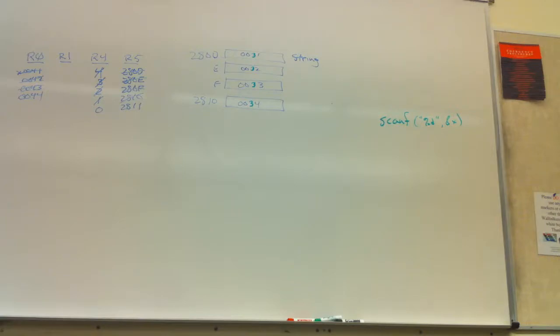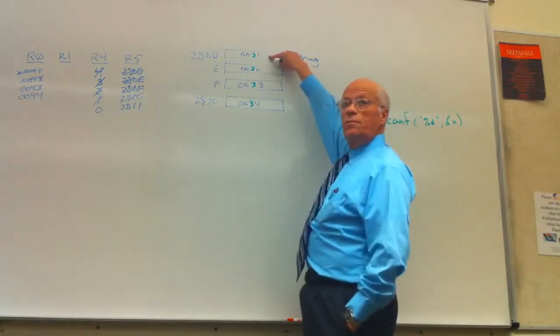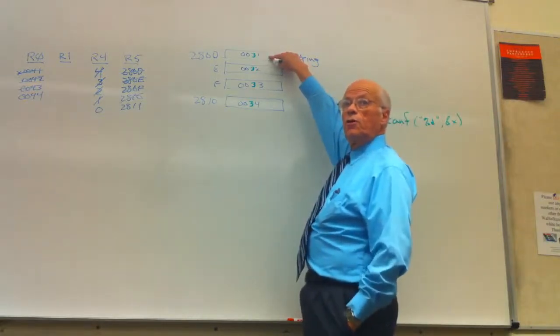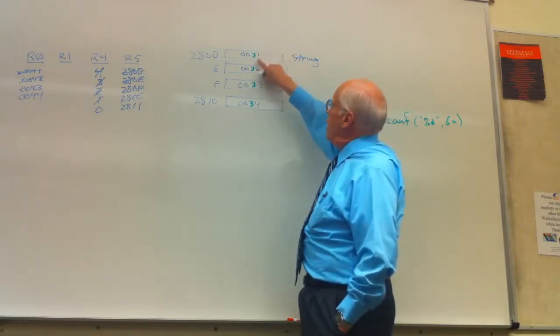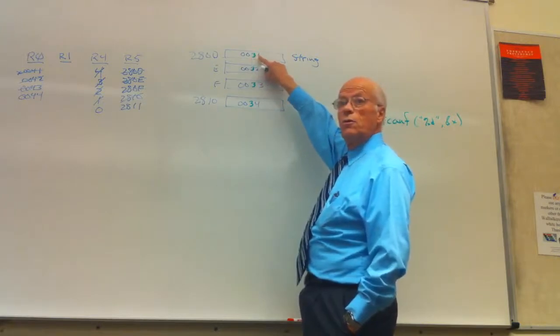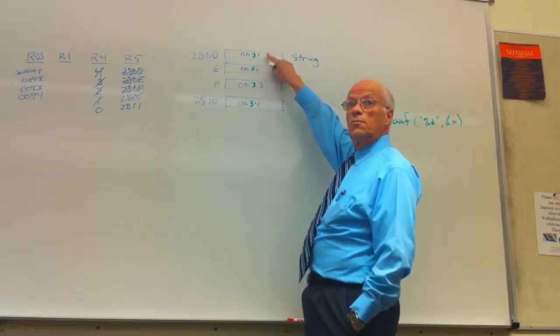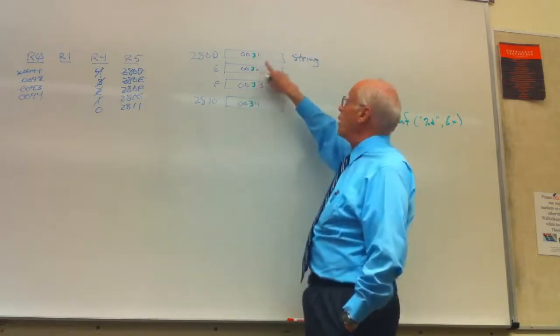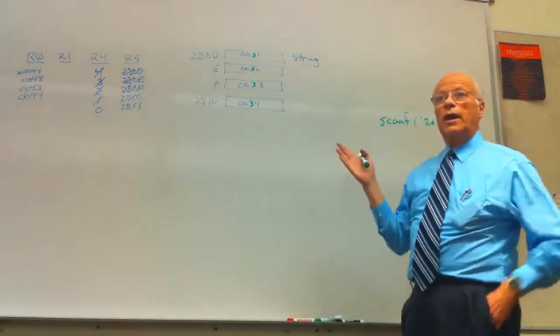Here's the strategy. I will take this number. Fortunately, all the digits are in there, and it works out pretty nicely. I will subtract 0030 from that number. And that'll just strip off the ASCII coding, and I get a 1, which is the value that I was really after.